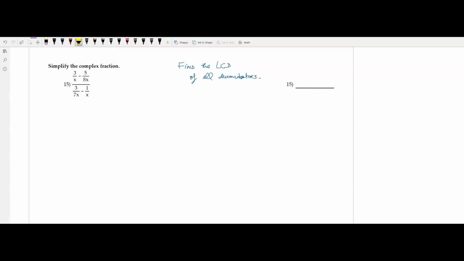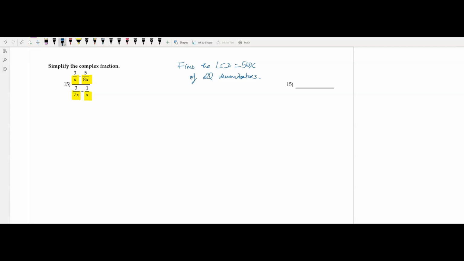It's the x, the 8x, the 7x, and the x. So what is the LCD of all those? Well, the x variable is part of the LCD, so x. And then we have the 7 and 8. There's nothing in common between those two, so it's 8 times 7, 56. So 56x is your denominator.